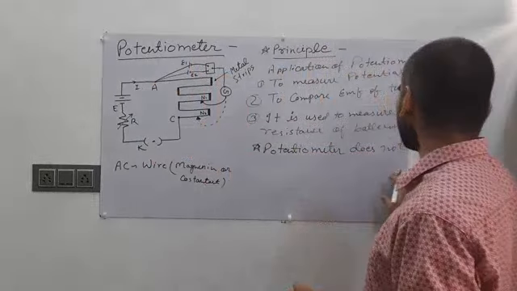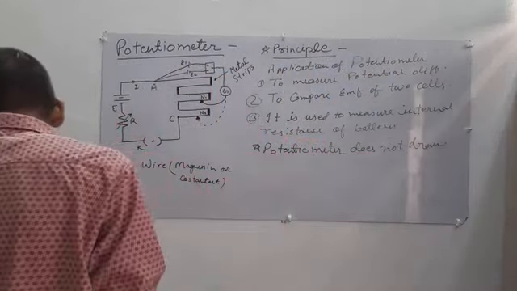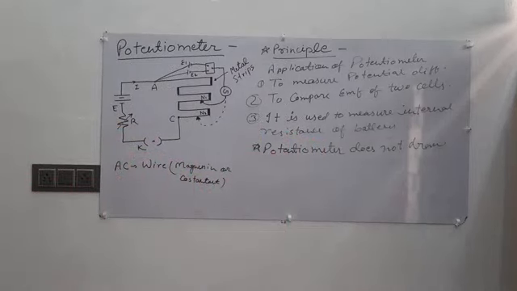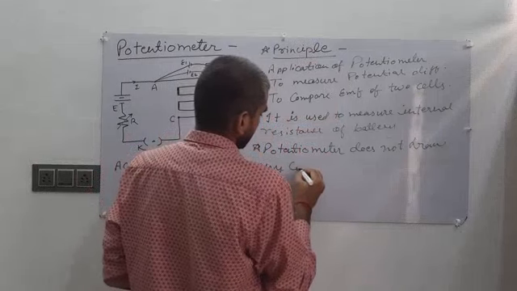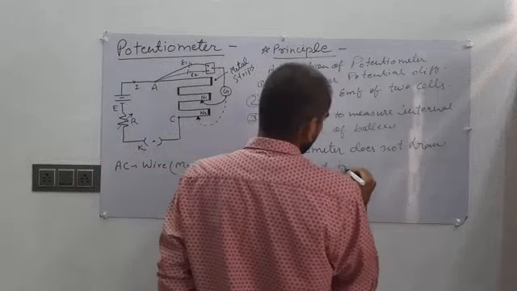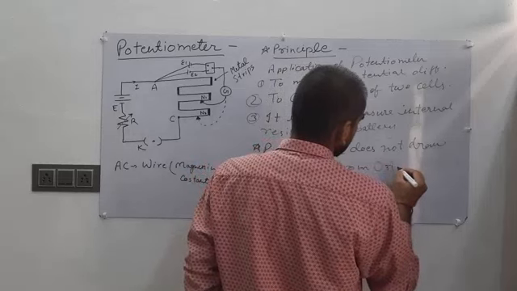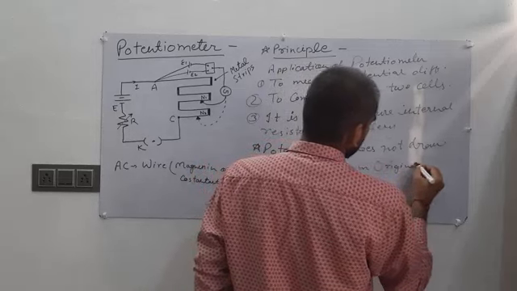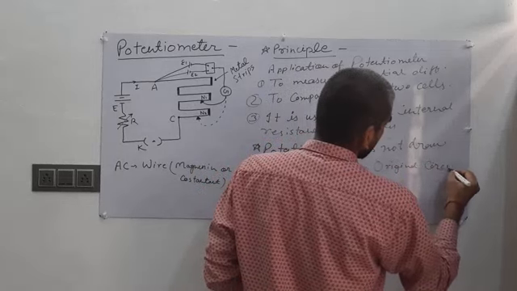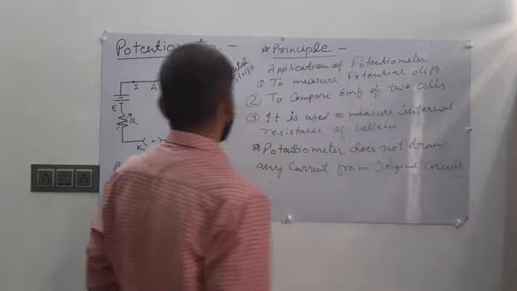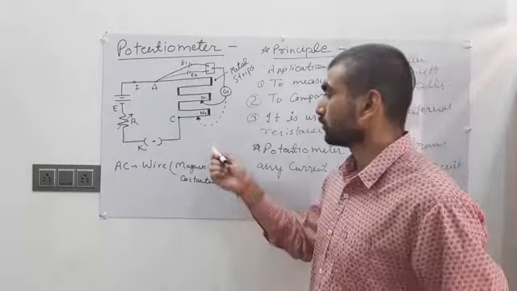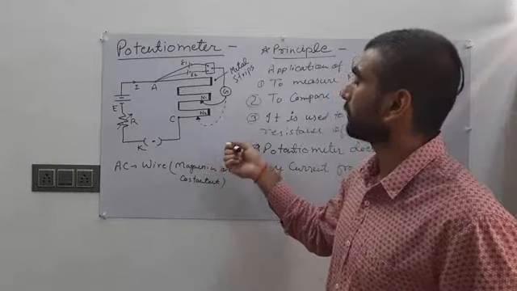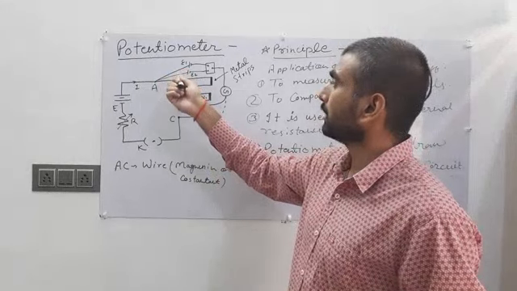A potentiometer does not draw any current from the original circuit. This figure we use further to determine the relation between E1 and E2.